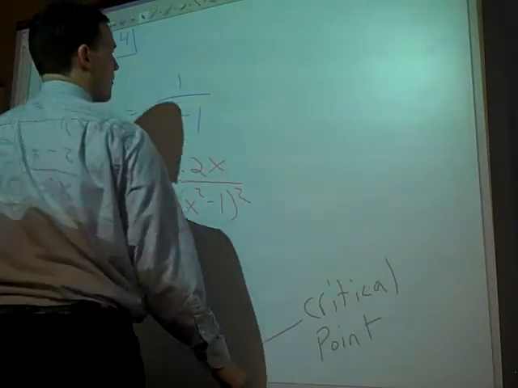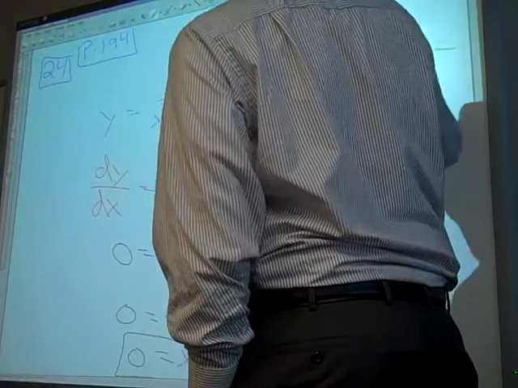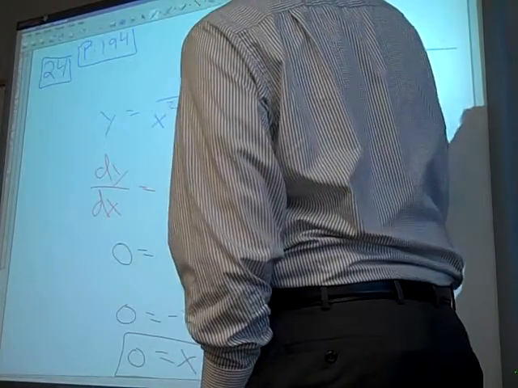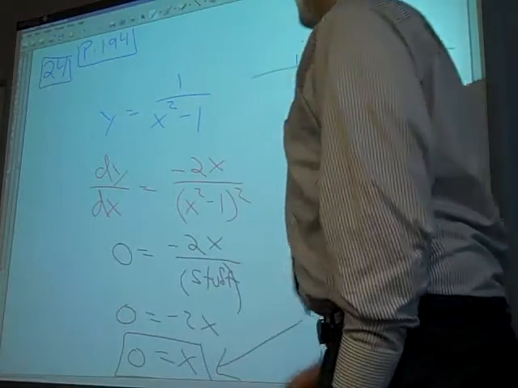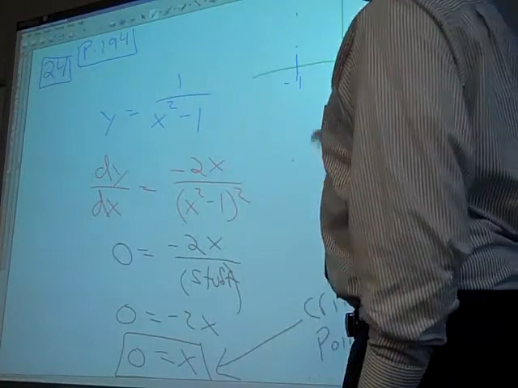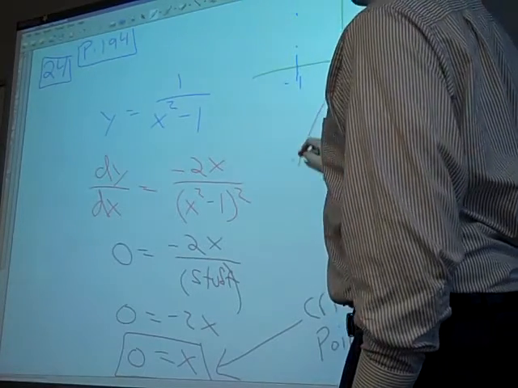So let's say we want to graph it. We go negative 1, 1. We'll have our vertical asymptotes. And we know that when x is 0, y is negative 1. And then we just said that's a maximum, so it looks like this.